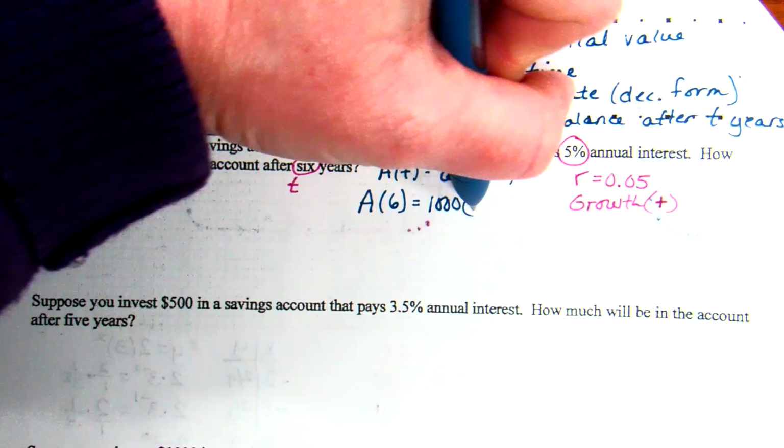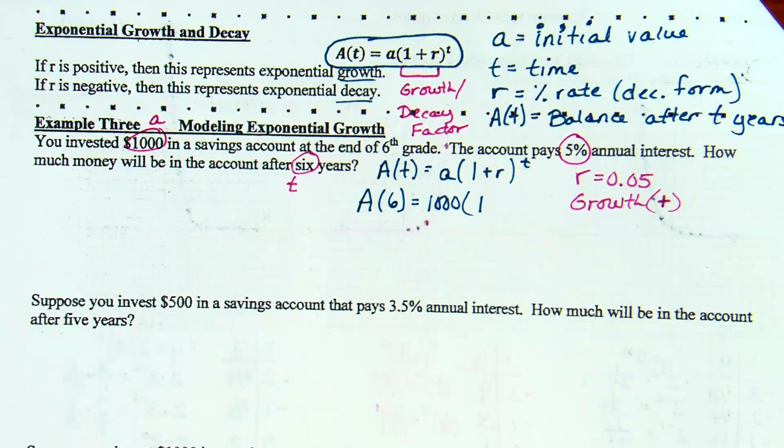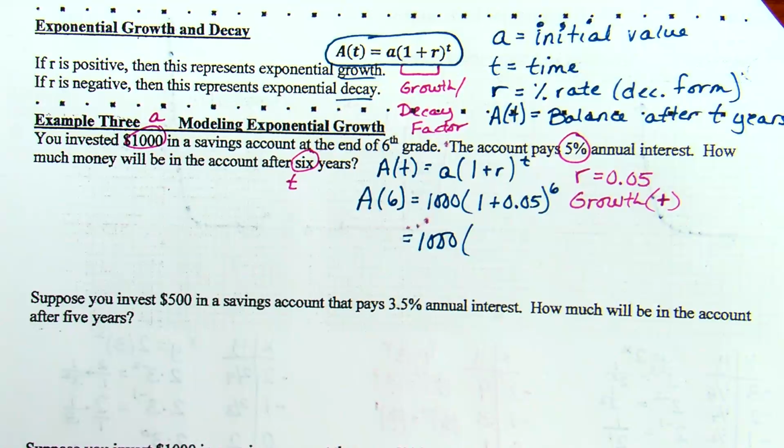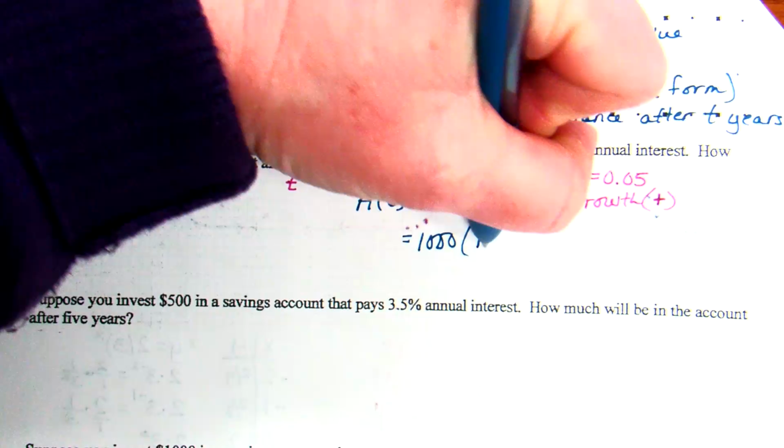What do I do for plus R? Plus 0.05 raised to the power of 6. Okay, a little basic cleanup. 1,000 is 1,000. What's 1 plus 0.05? 1.05. Yes, it is that basic.